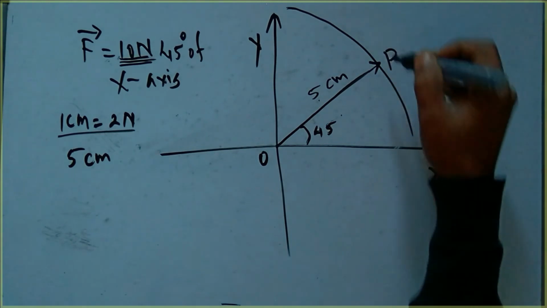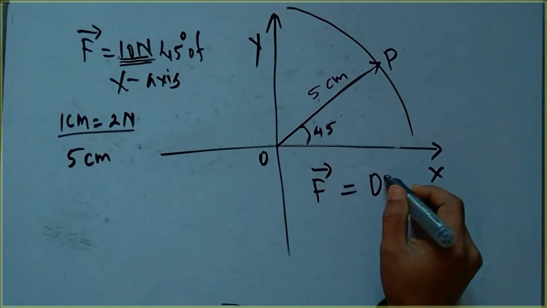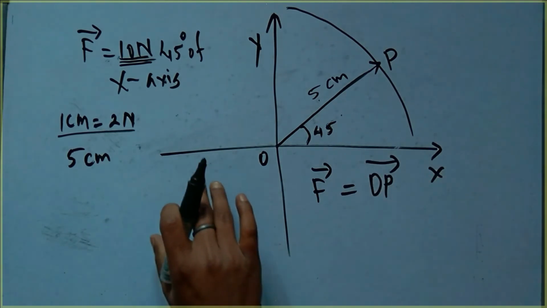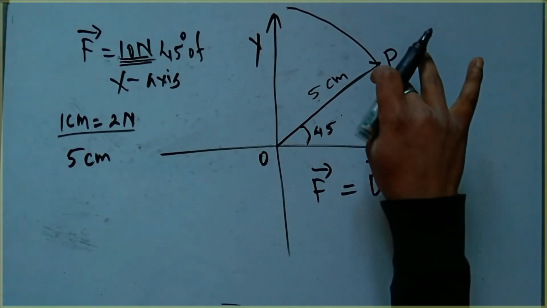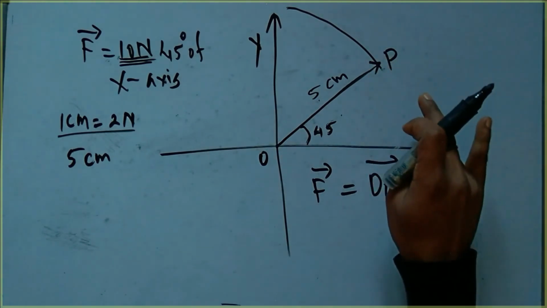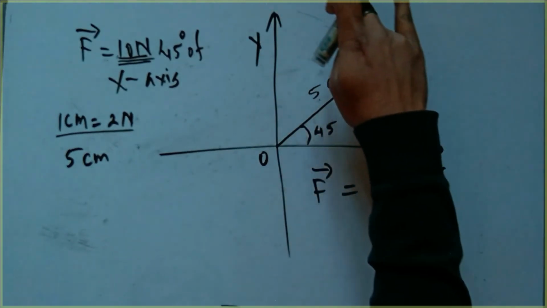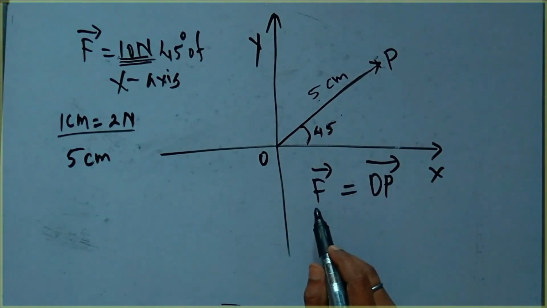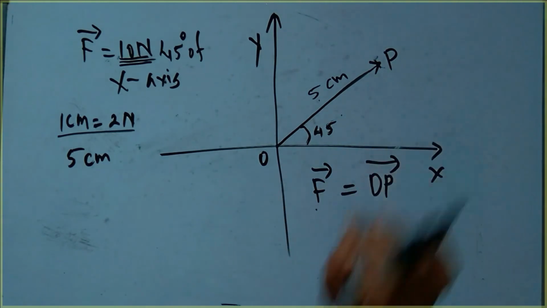Let it be P. So F vector is equal to OP vector. So in this way we can graphically represent our vector. From here we'll remove our arc. Now OP vector is equal to F vector. In this way we graphically represent a vector.